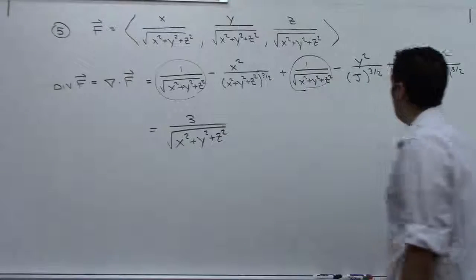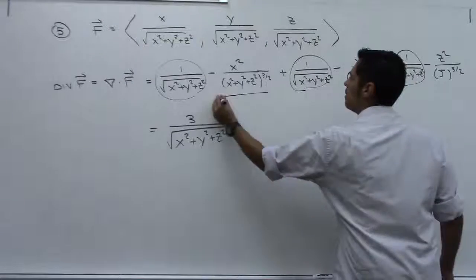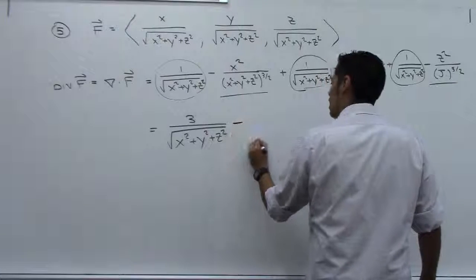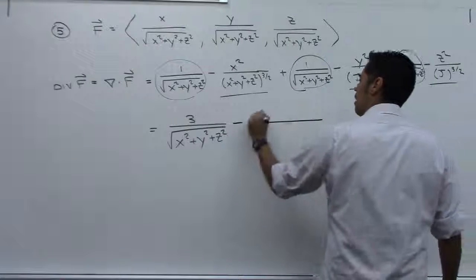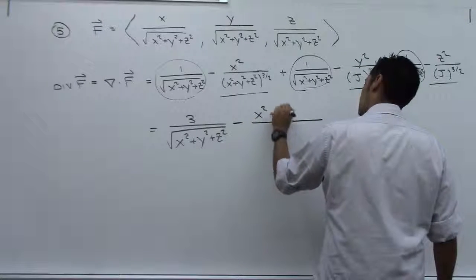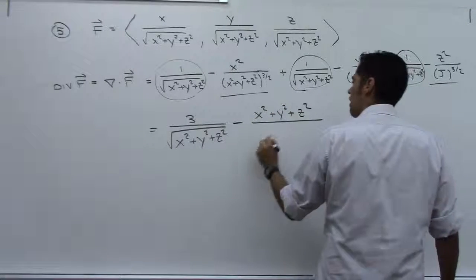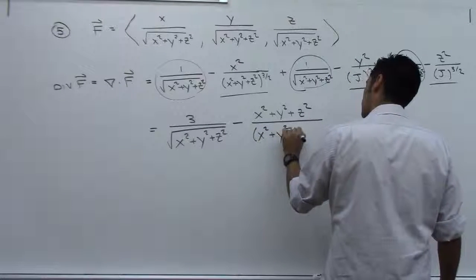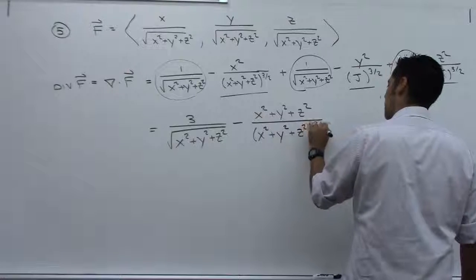And then I have this, this, and this all have the same denominator, and they all have a negative, so I'm going to factor a negative out. And when I put them together, I'll get x squared plus y squared plus z squared over (x squared plus y squared plus z squared) to the 3 halves.